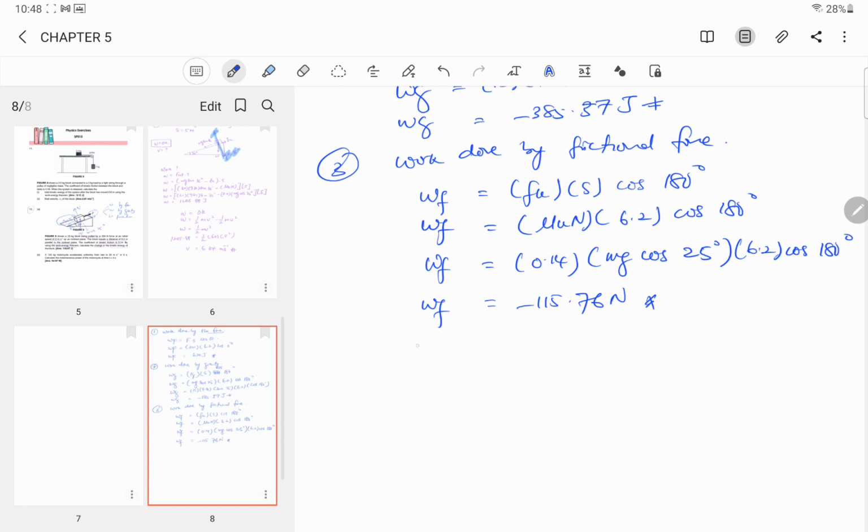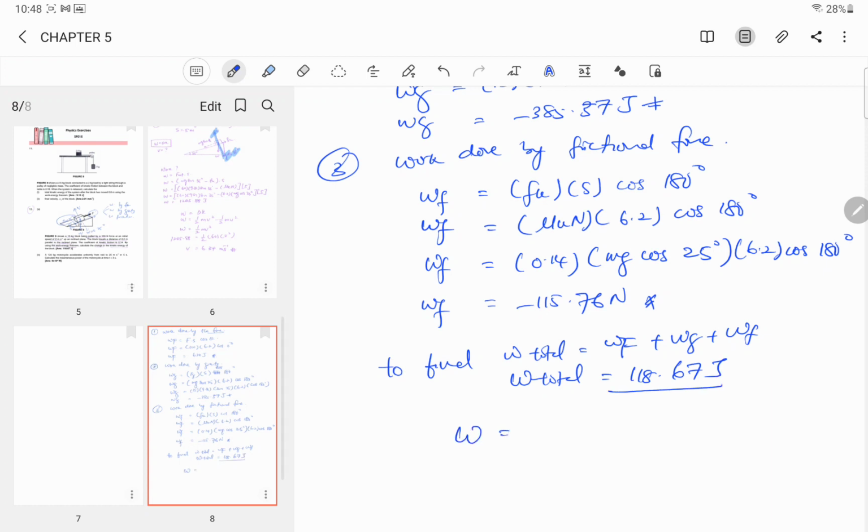Alright, so to find W total, we add the work by the force, gravity and friction, which equals 18.67 joules. We know that work done also equals the change in kinetic energy, so it is the same.